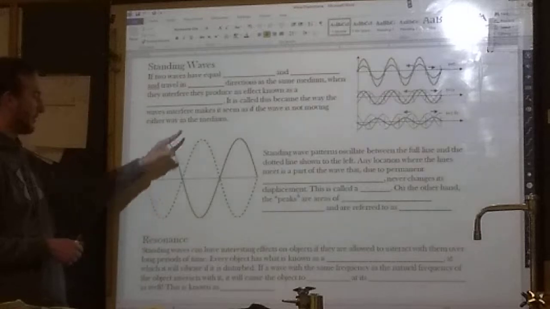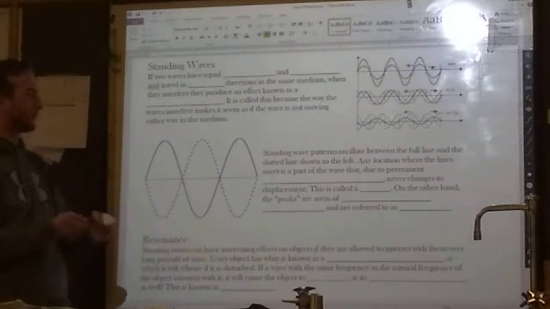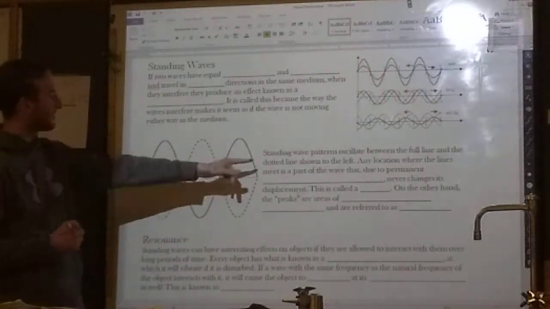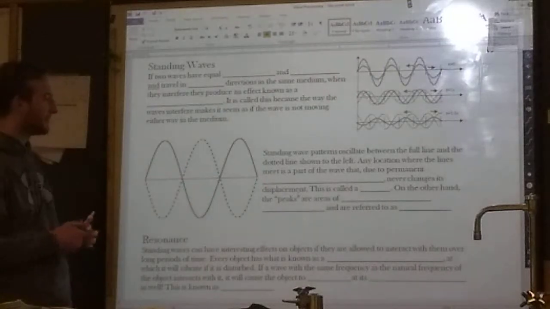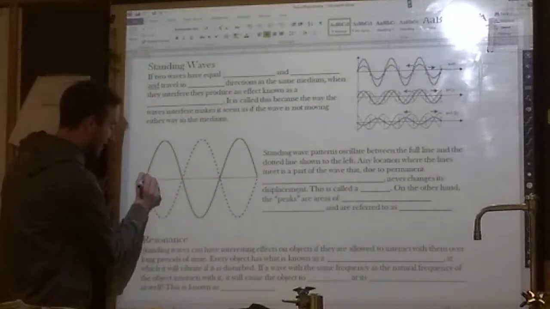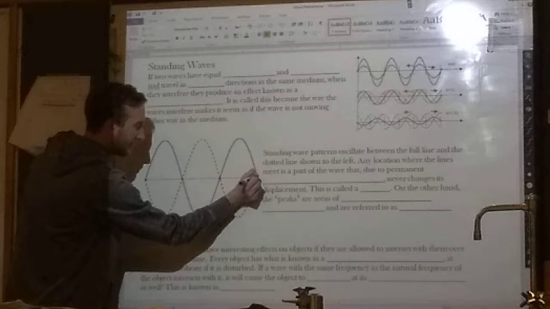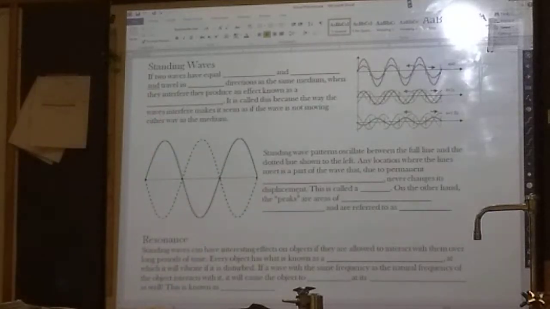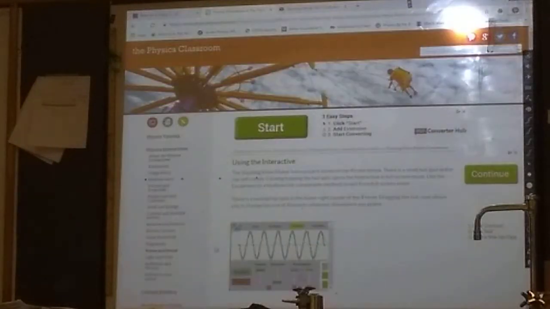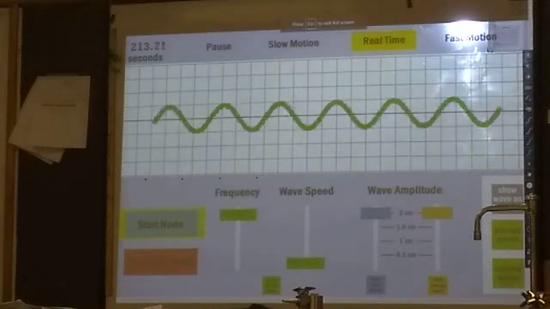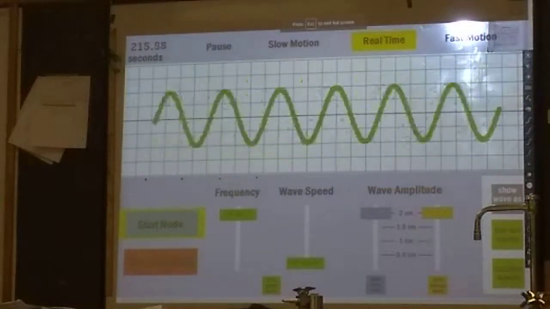We've got a peak here, trough here, peak, trough, peak, trough. Any location where the full line and the dotted line meet is a point that really doesn't move at all. If you look on our app, let's see here, should I turn these on?